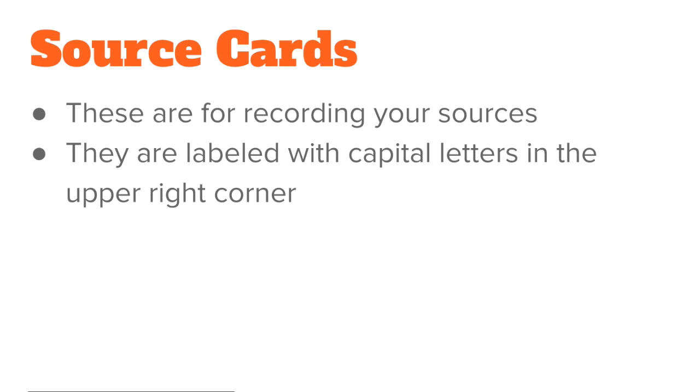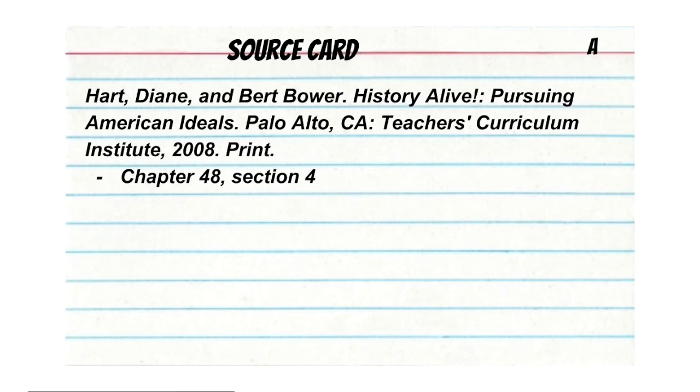For every time you change a source, you change cards. So you can have source A, source B, source D, source F, it doesn't really matter. But this is how you're going to identify which information came from which source.